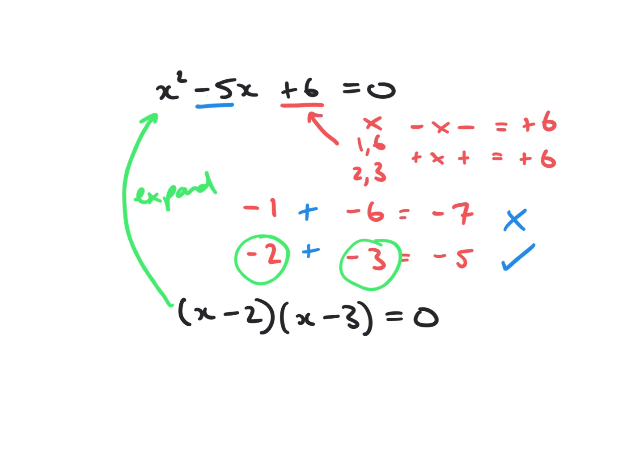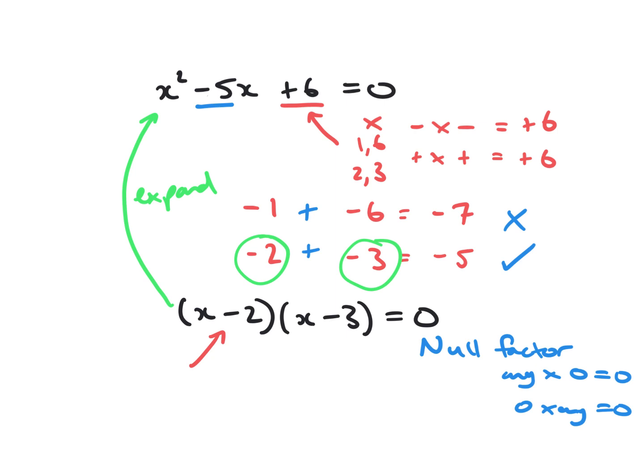The null factor law simply is anything times 0 will always give you 0, or 0 times anything will give you 0. So all we need to do is look at each individual bracket and how do we make each individual bracket equal to 0. So what value of x do we pop in here to make that bracket equal to 0?